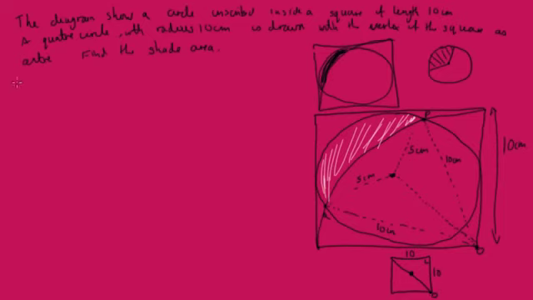So, Pythagoras. From this origin to the edge is going to be half the diagonal, which is going to be half of the square root of 10 squared plus 10 squared.